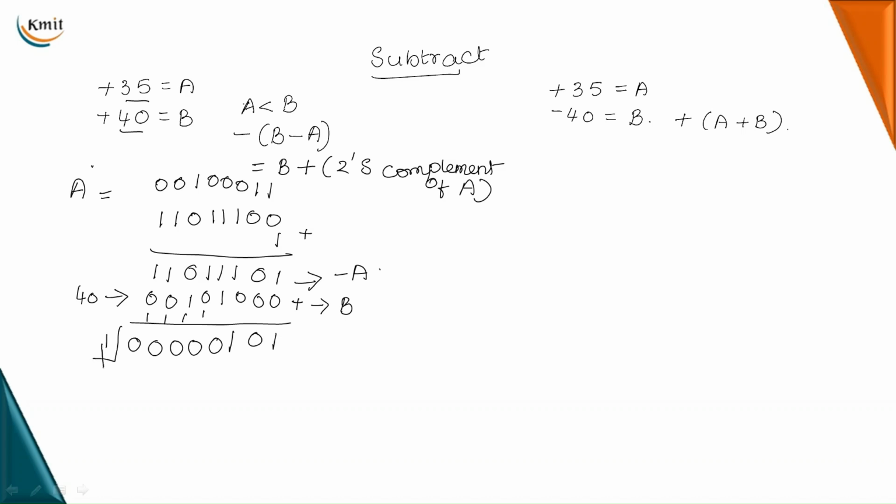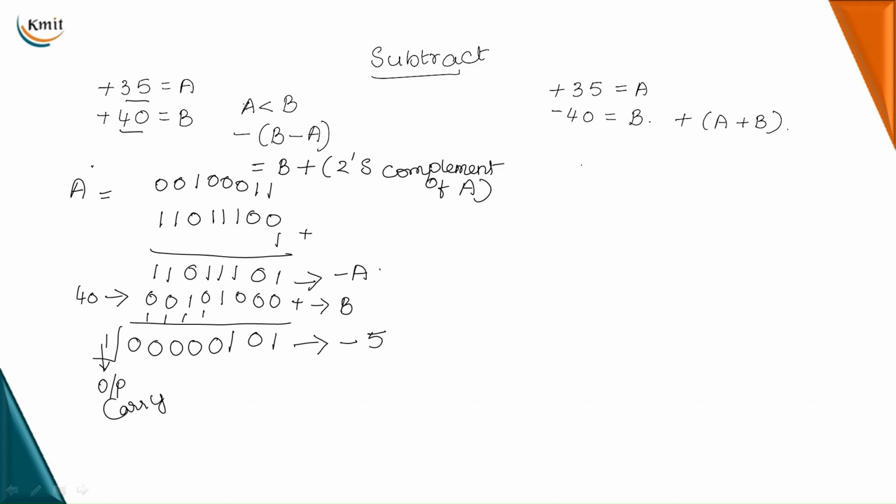So this is your output carry. You can neglect this carry bit. So this binary representation is 5. So when you perform the subtraction of plus 35 minus plus 40, your result will be minus 5. So what is the resultant sign? Minus. So it is minus 5.